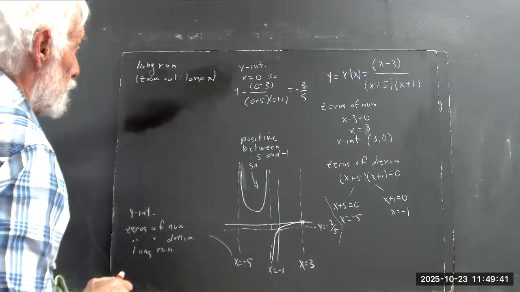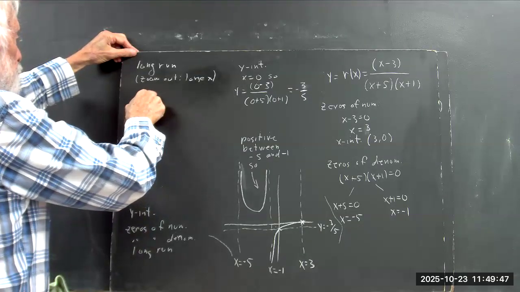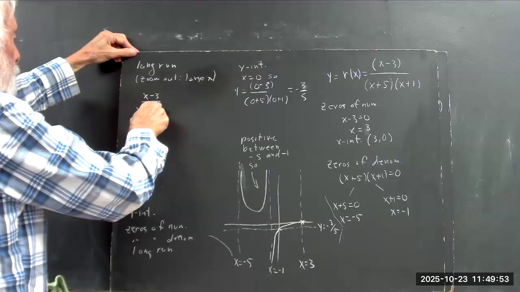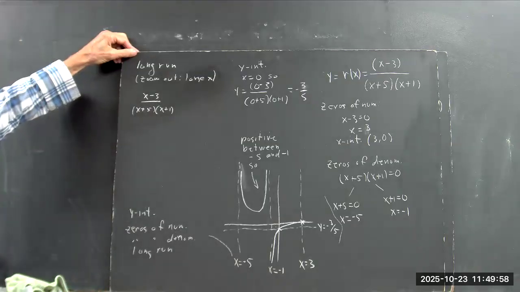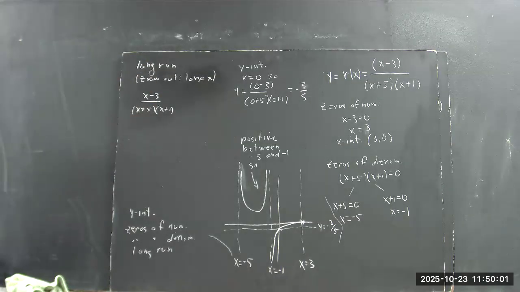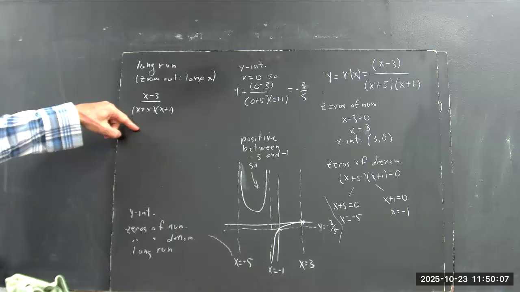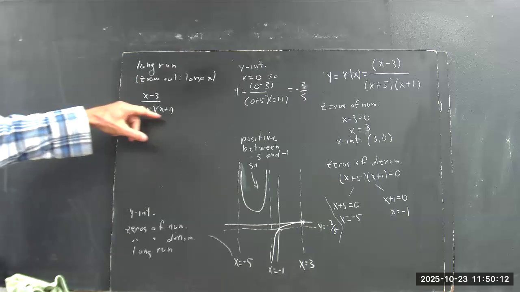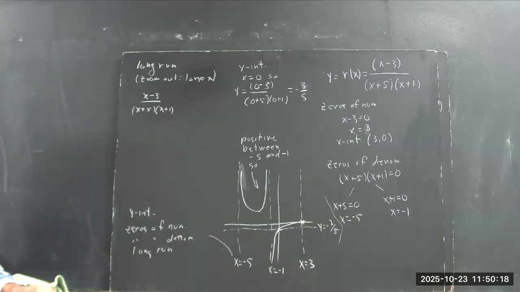You think of zooming out, you think of large x. If x is big, imagine x is 1,000,000. Then you've got 1,000,000 minus 3 over 1,000,000 plus 5 times 1,000,000 plus 1. That's just about the same as 1,000,000 over 1,000,000 times 1,000,000, right? Because 1,000,000 minus 3 is so close to 1,000,000, you might as well just round it to 1,000,000. Okay?